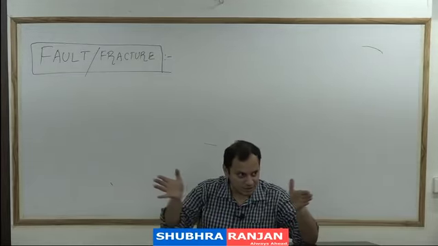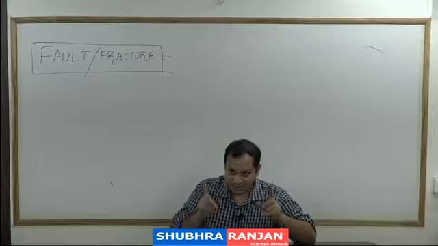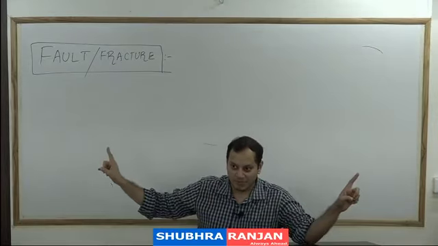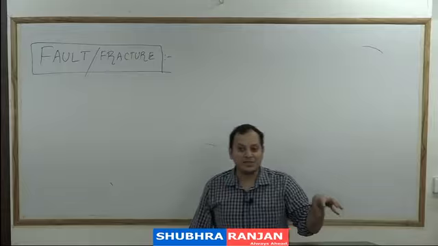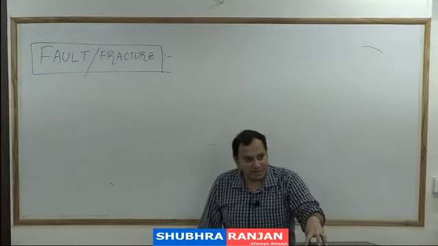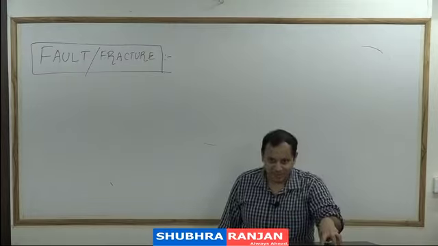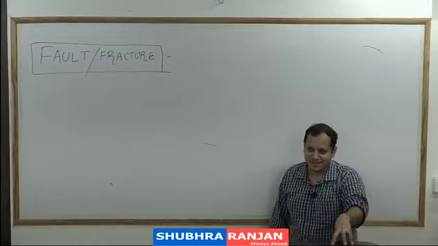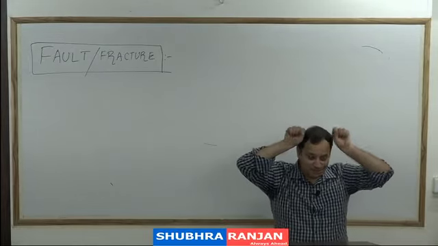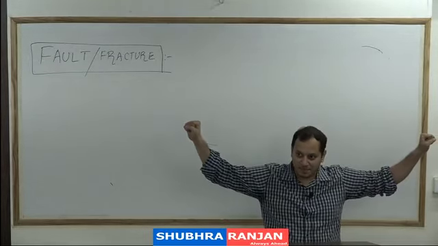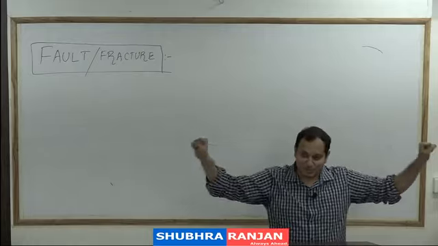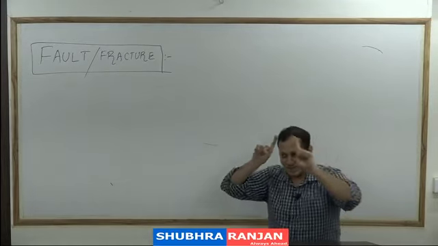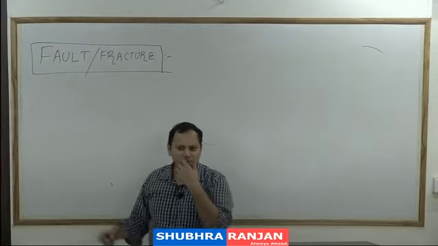Folding is generally caused due to compressional force. Tension is always in the opposite direction. You use this even in your daily life. You say my head is bursting with tension. You never say my head is bursting with compression. You say tension because it means pulling apart. So tension means pulling apart in the opposite direction. When the forces are pulling apart, where is it happening?